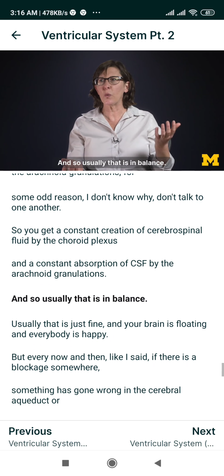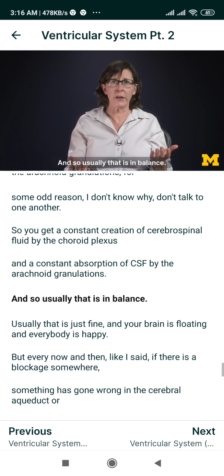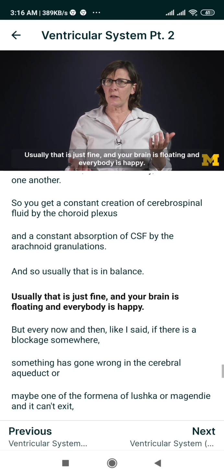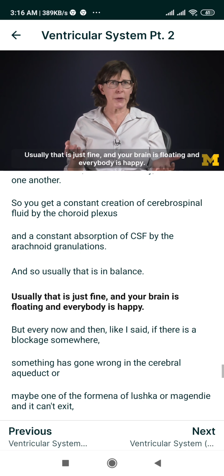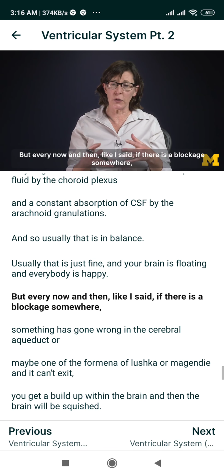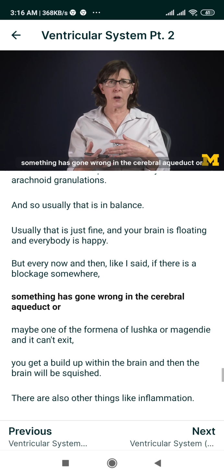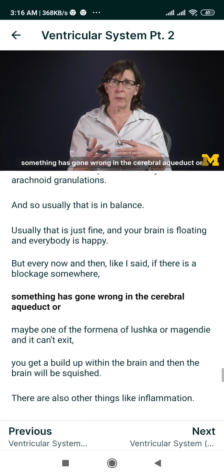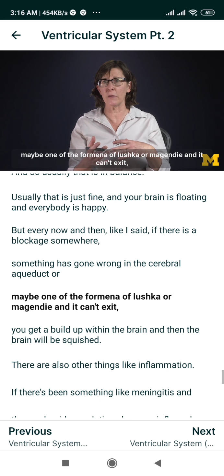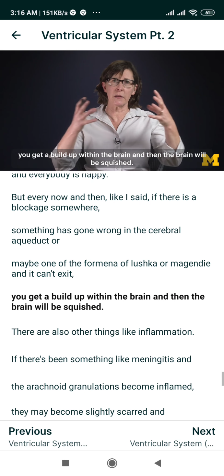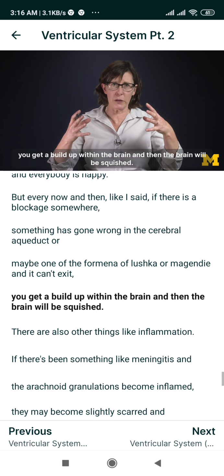And so usually that's in balance. Usually that's just fine, and your brain is floating and everybody's happy. But every now and then, if there's a blockage somewhere, something has gone wrong in the cerebral aqueduct or maybe one of the foramina of Luschka or Magendie and it can't exit, you get a buildup within the brain, and then the brain will be squished.